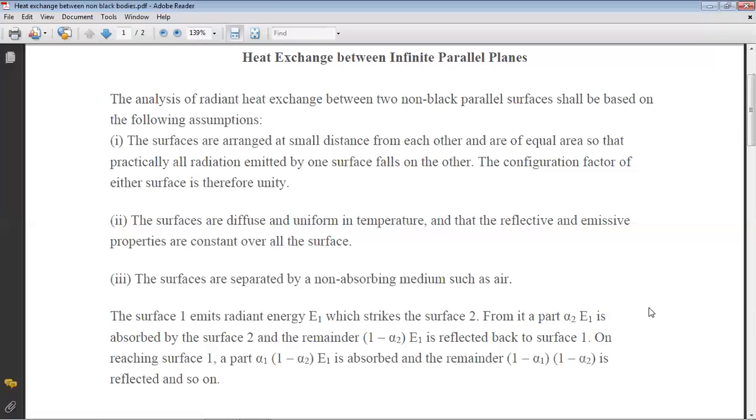Let alpha 1 be the absorptivity corresponding to surface 1, and alpha 2 the absorptivity corresponding to surface 2. Epsilon 1 is the emissivity of surface 1, and similarly epsilon 2 is the emissivity corresponding to surface 2. The areas A1 and A2 are equal to A.